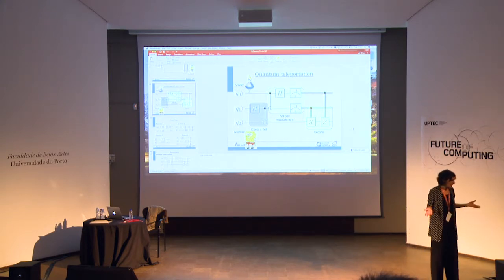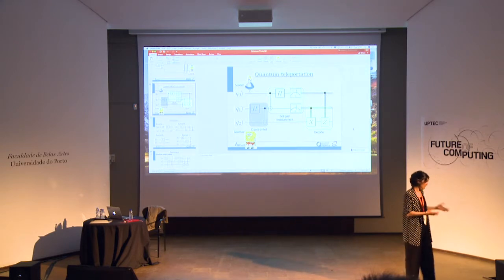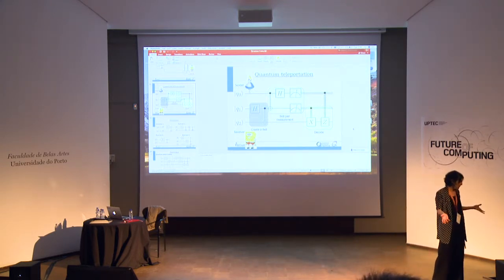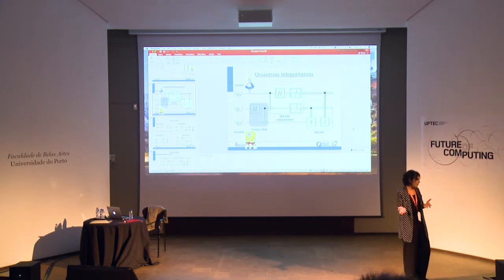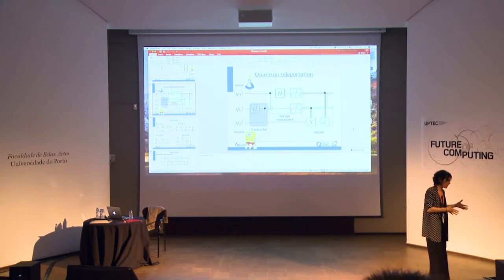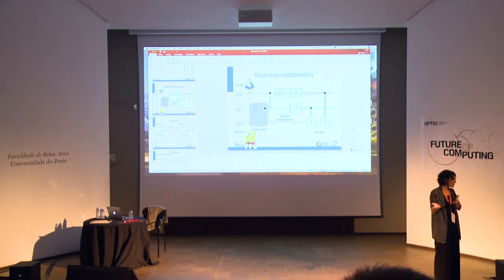Theoretically, there are people who prove that quantum computers can be much faster than classical computers, but there is no real proof. Nobody has shown so far that a quantum processor can be faster than a classical computer. So theoretically it's there, but from an experimental point of view, there is no demonstration of exponential speed up.